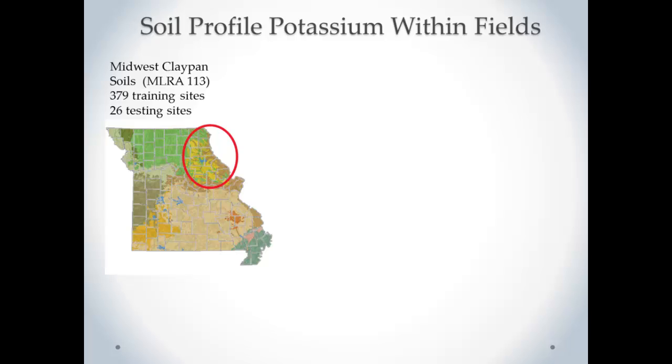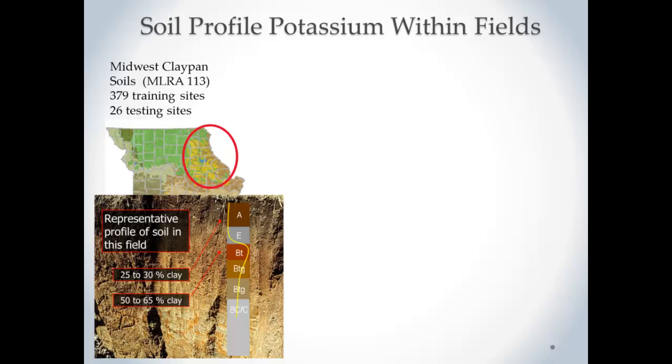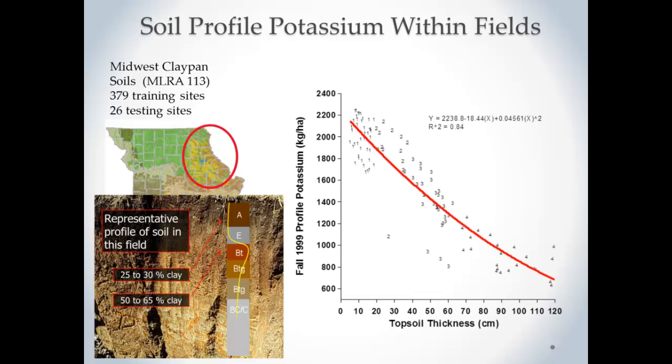in this case, again, the claypan soils in the northeast portion of the state, a number of different sites where we have developed a relationship. Let me state this differently.